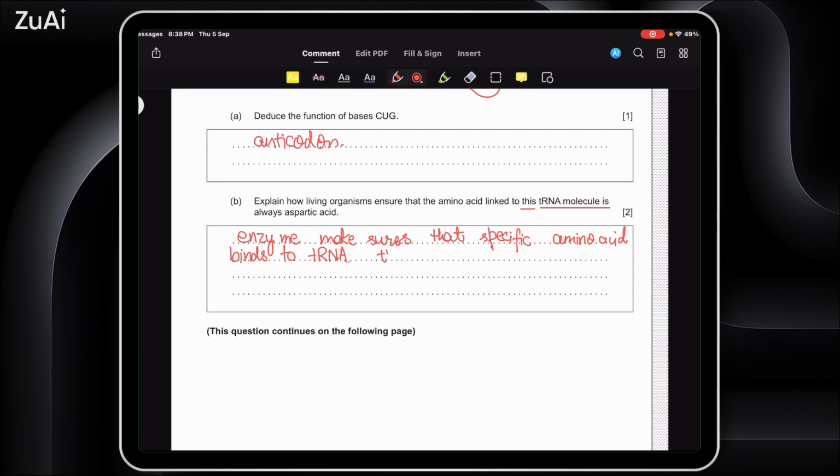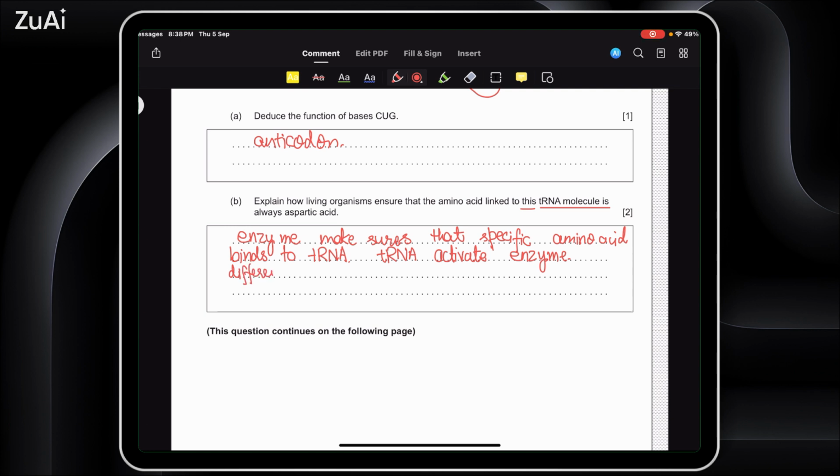The transfer RNA activates the enzyme, and the enzyme binds to transfer RNA and recognizes the shape of transfer RNA. There are different activating enzymes for different transfer RNA.